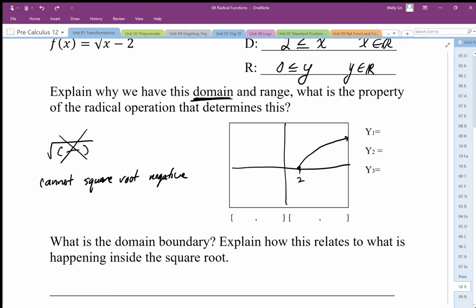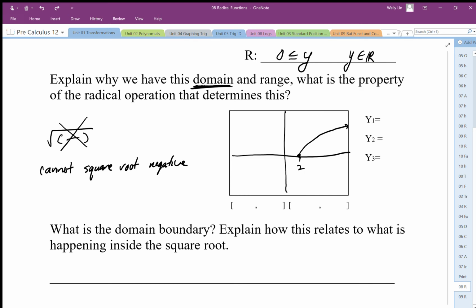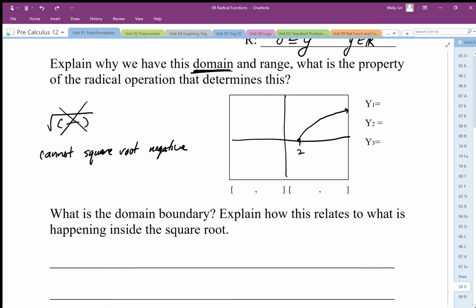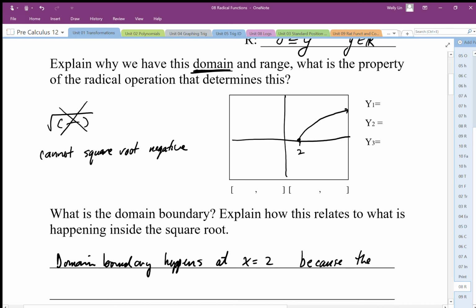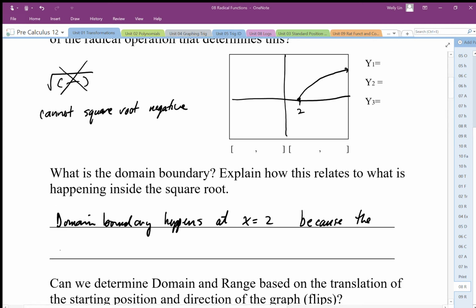Now the domain boundary is going to be at 2, and it's because what is the smallest number that we can square root? The domain boundary happens at x equals 2 because the inside of the square root is equal to 0.